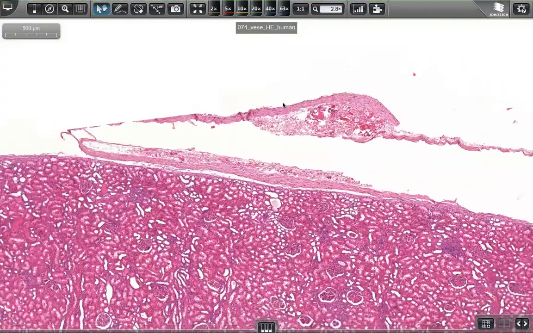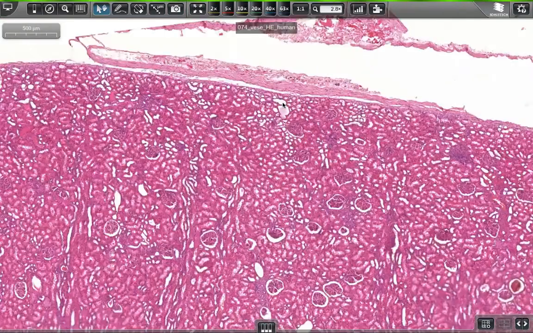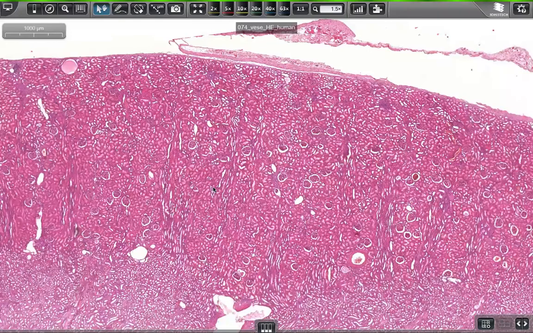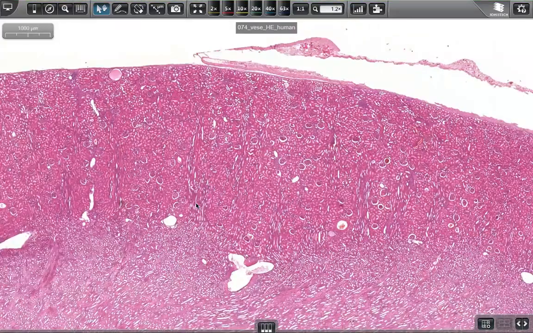Okay, so that was the kidney. So again, the main principles. This is the cortical area, that's the darkly stained one. Here we have the medullary rays, that means collecting tubules that divide the cortical areas.